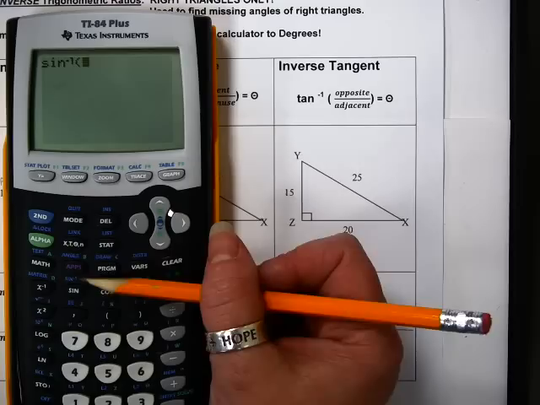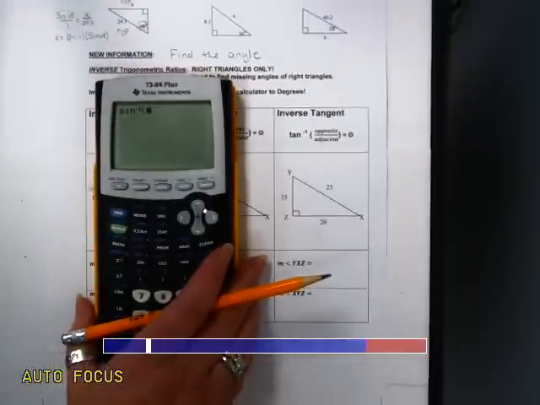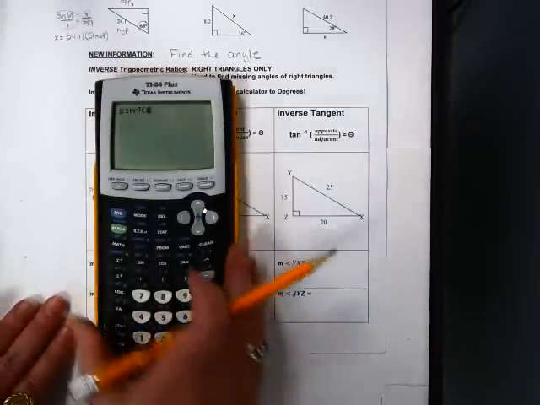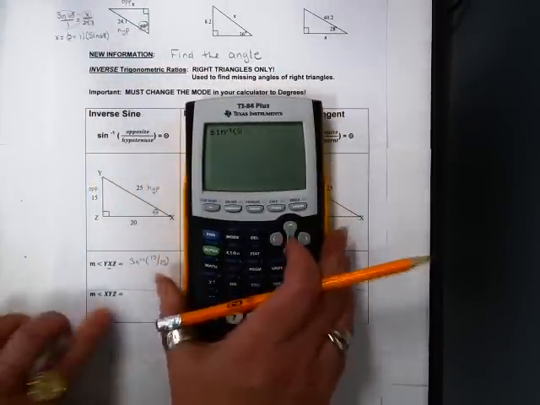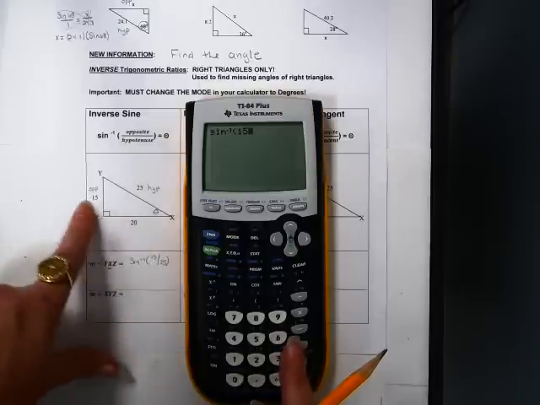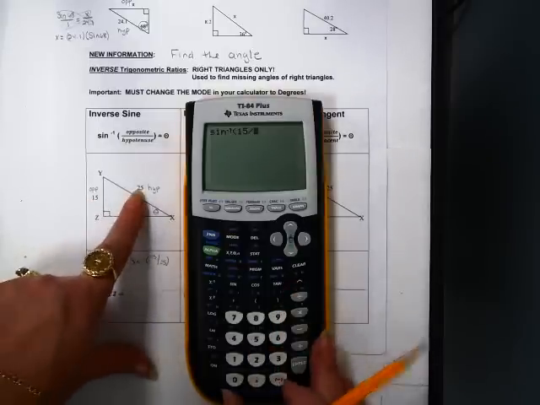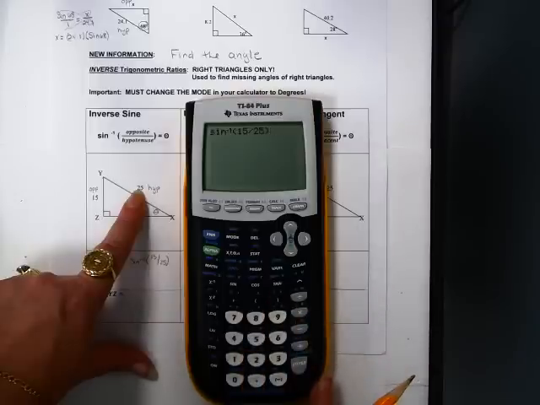That's your inverse sine. Okay, zooming out. Okay, so sine -1. Now you enter the 15, the opposite side, 15, divided by 25. Close your parentheses and enter.